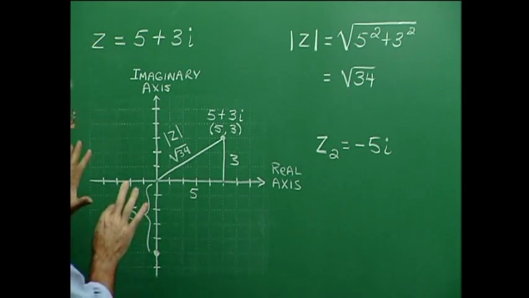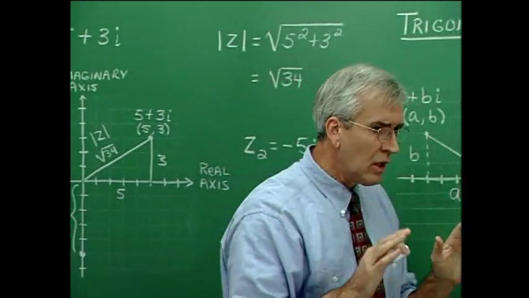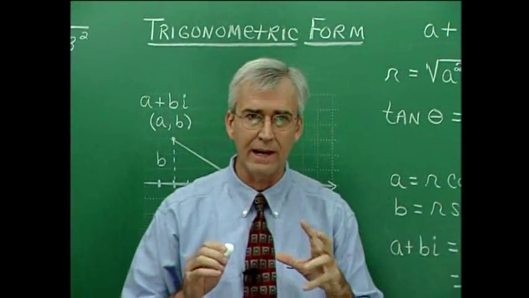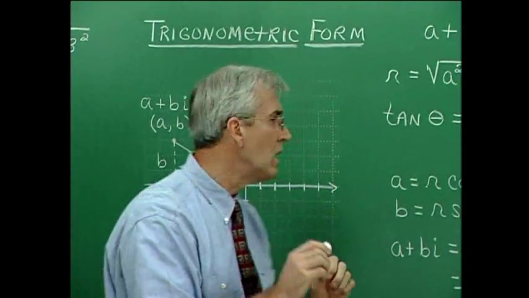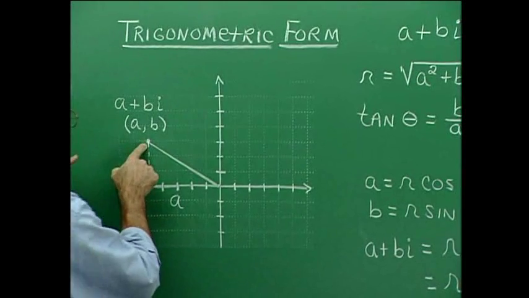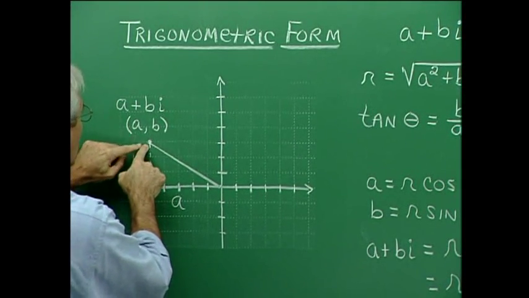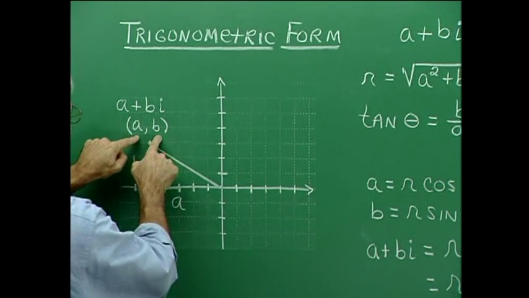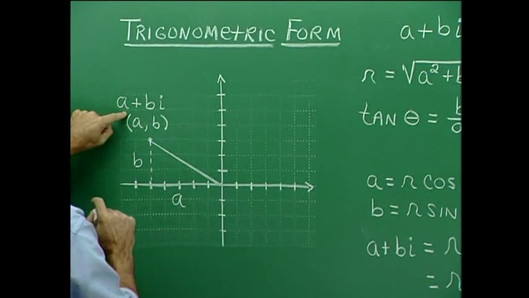Okay, now, with this definition, let's think about another idea. Now, this other idea has to do with a trigonometric form for defining this distance, or excuse me, defining this point. Now, this is the point (a, b), let's say, and it corresponds with the complex number a plus bi.